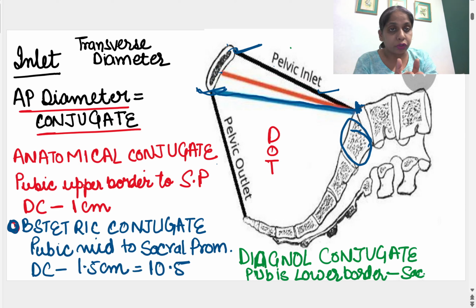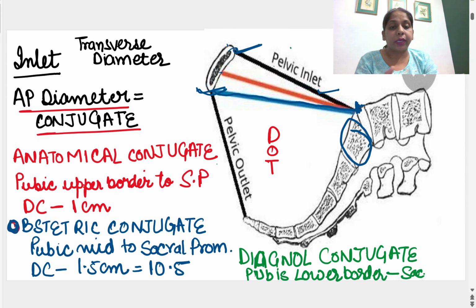The anatomical conjugate is derived because we can only measure the diagonal conjugate. Diagonal conjugate minus 1 centimeter is the anatomical conjugate, and diagonal conjugate minus 1.5 centimeter is the obstetric conjugate.